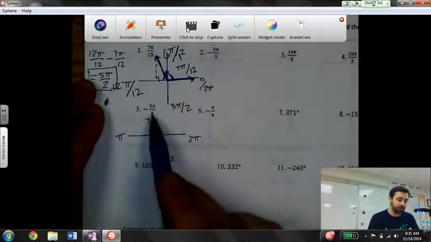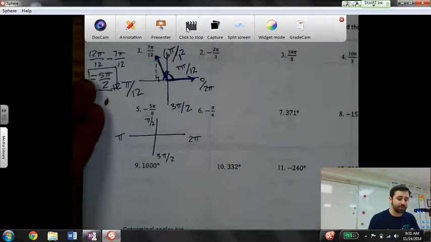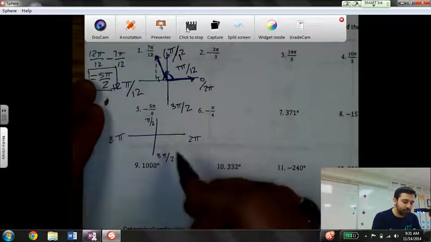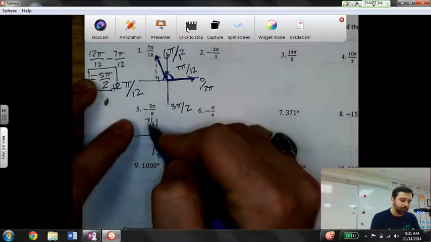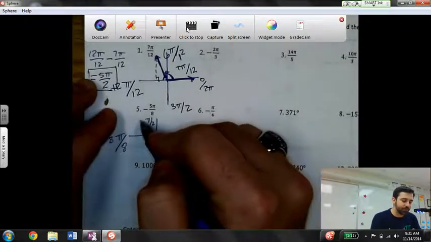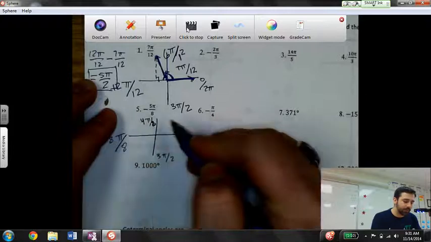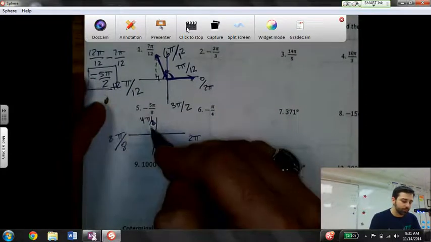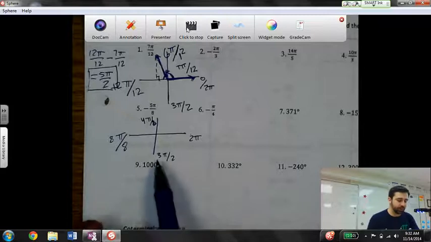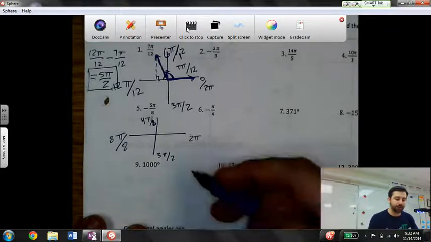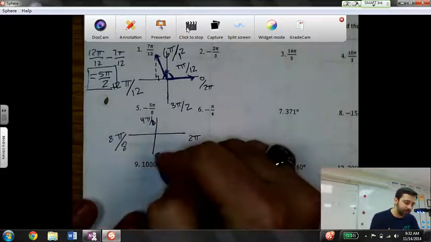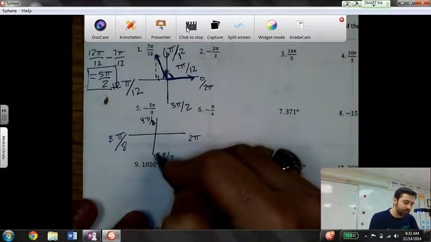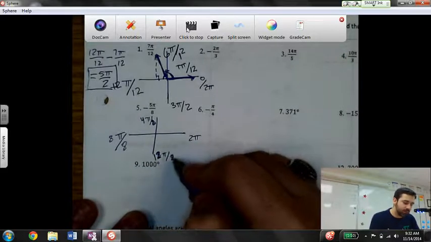So they give us one where it's 5 pi over 8, so I'm going to use the denominator, which makes 1 full pi, or a half a rotation, 8 pi over 8, which would make pi over 2, 4 pi over 8, which would then make 3 pi over 2. I need a fraction that's equivalent to 1 1/2 using a denominator of 8, which would be 12 pi over 8.